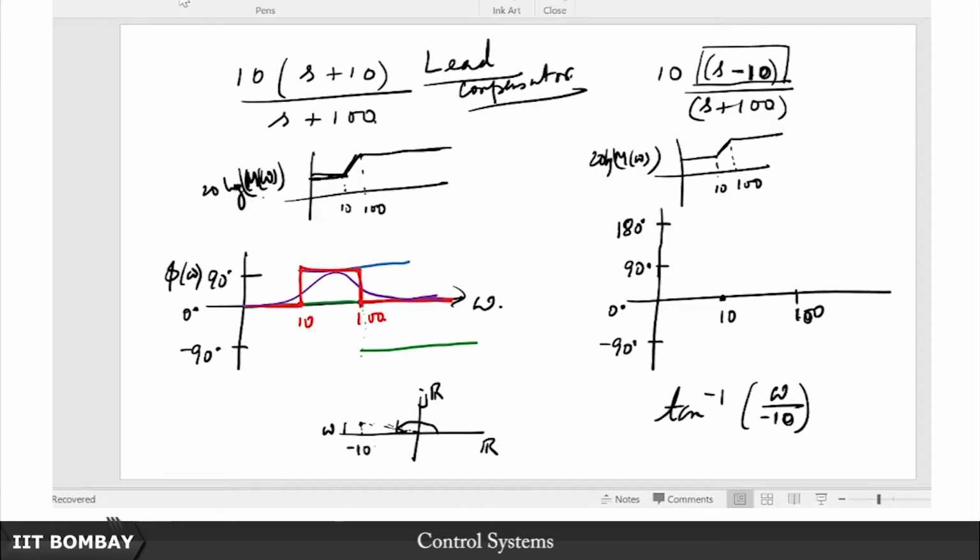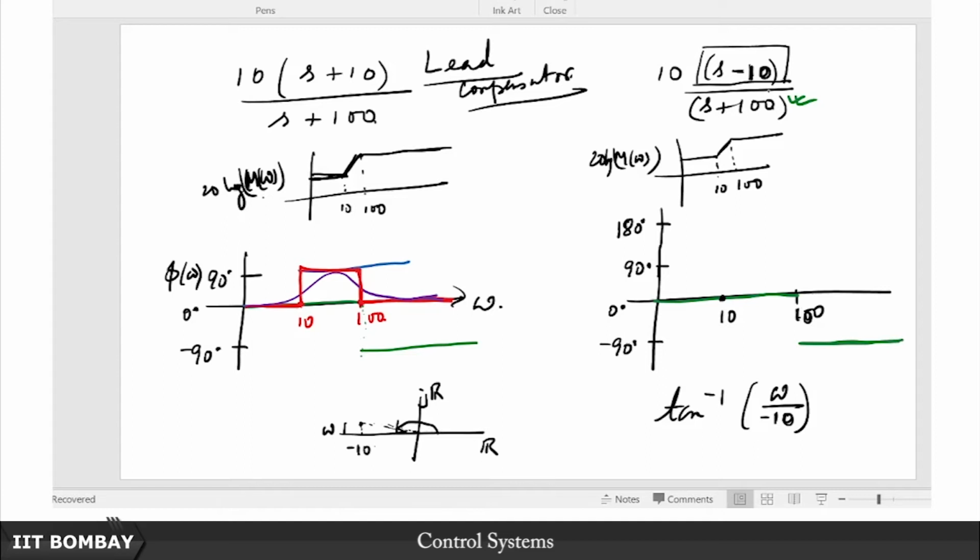What color did I use? I used a green color. So the second factor will carry on at 0 degrees till 100, the pole, and then it contributes a minus 90 degrees here.